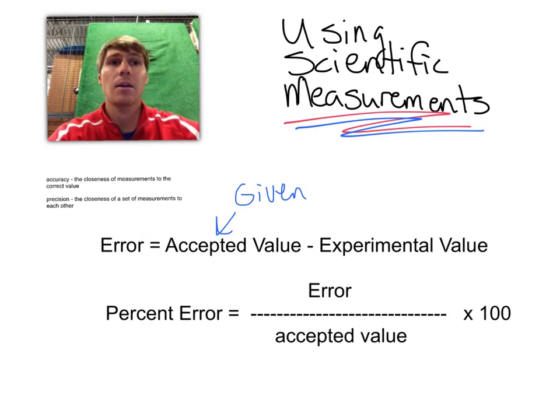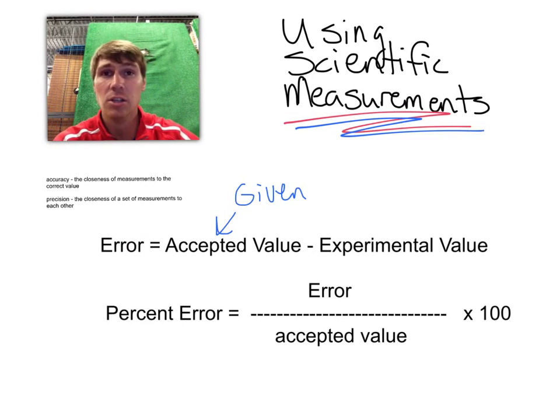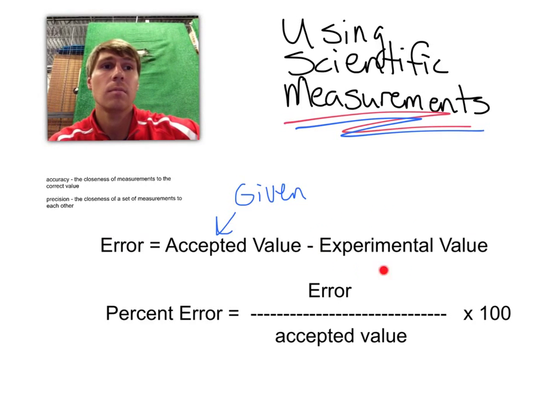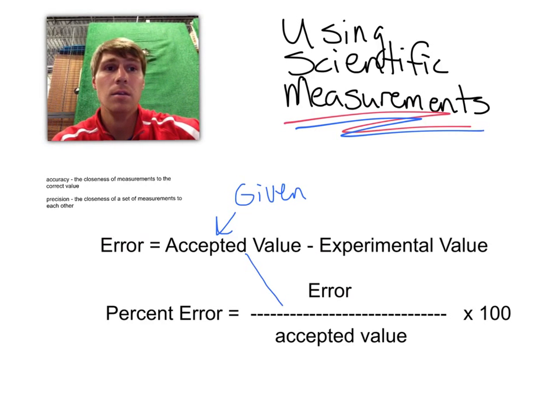So that's something I would give you, saying this is what it actually should be, and the experimental value, okay, that's what you're going to find out. And if you just take the accepted value minus your value, that's going to give you the error. From there, it's to find the percent that you're off. You just take the error that you just found and divide it by the accepted value, because remember, these are the same thing.